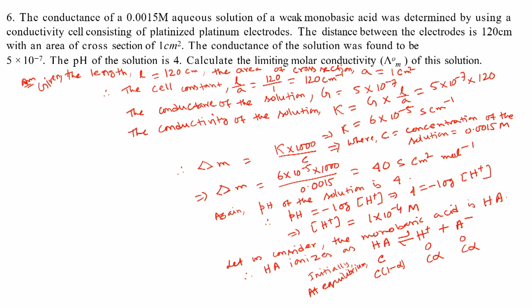The concentration of A minus is also C alpha, where C is the initial concentration of the monobasic acid HA, and we know the initial concentration 0.0015, and alpha is the degree of dissociation.